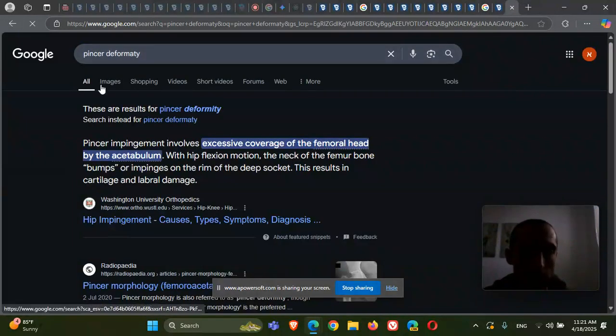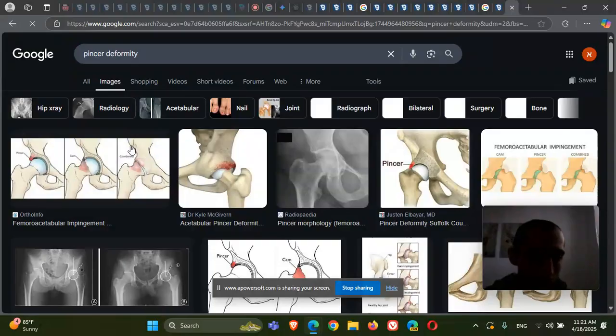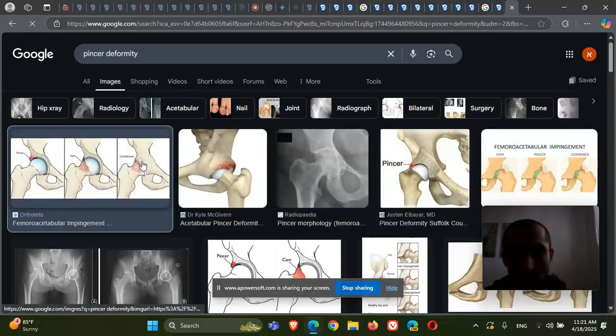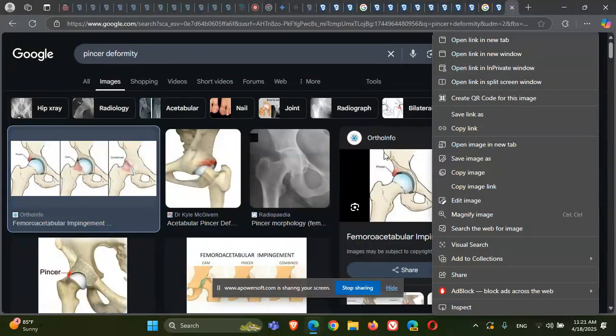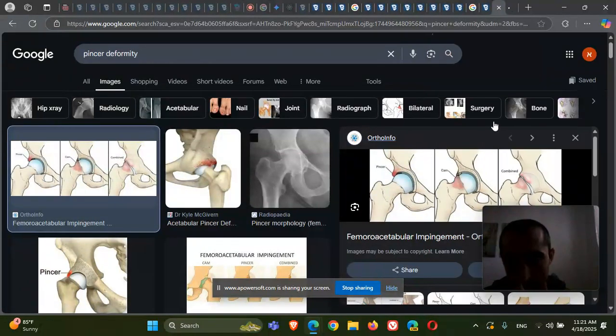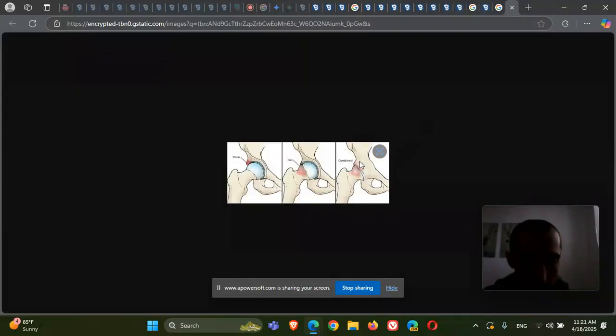Those two deformities, the cam that we just saw and the pincer.